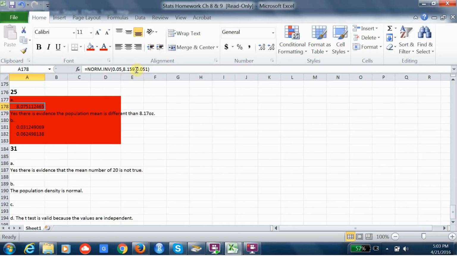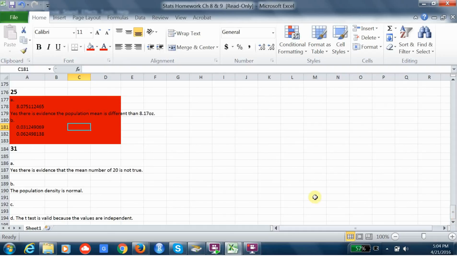I can tell that this is definitely wrong. I would definitely look at that again. I know the standard deviation of X bar is not right.